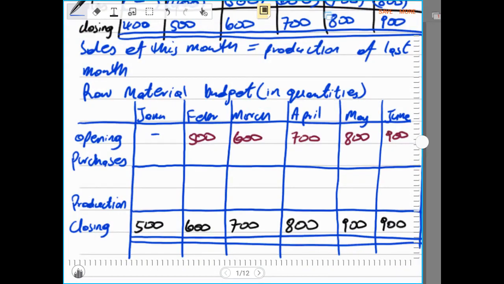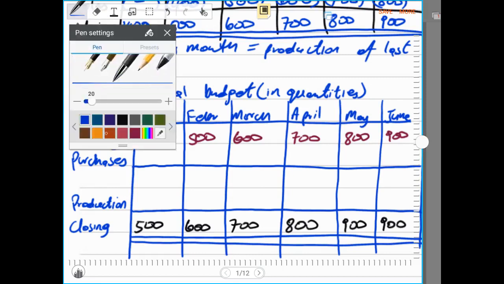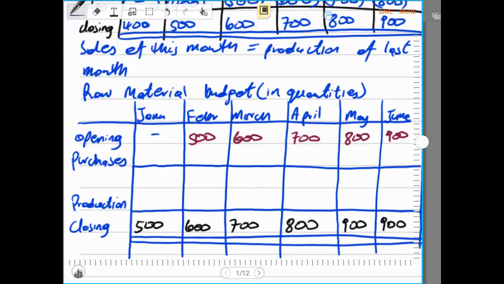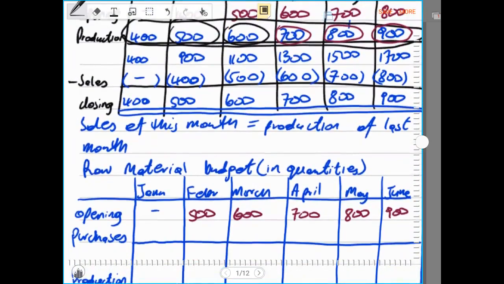Purchases. So now we have to know how much should be purchased here, so that at the end we have 500 as the closing. That should be our concern now. How much should be purchased here, so that at the end we have 500 units. So in this case our purchases for the month of January should be equal to production of January and February.